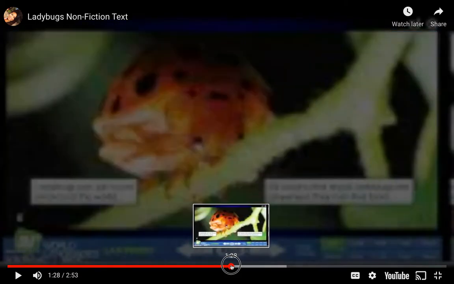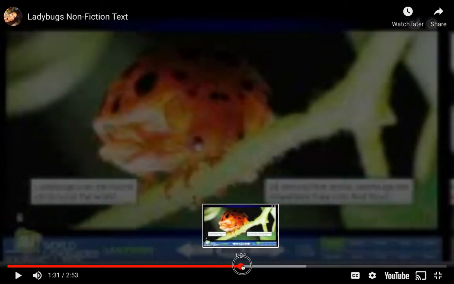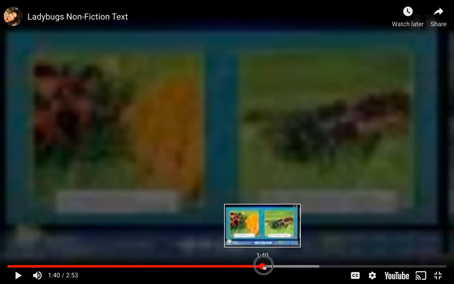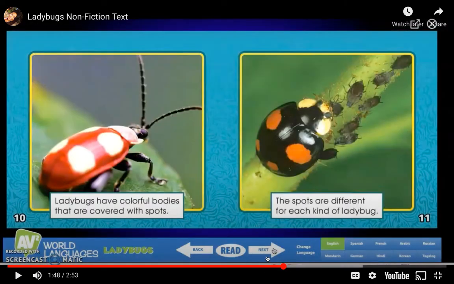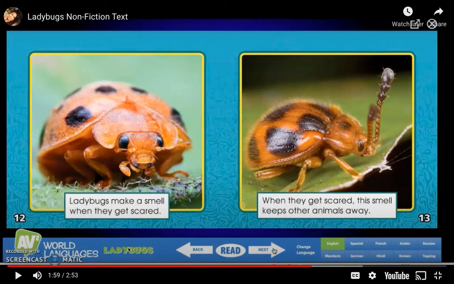If we keep going to the next page, we have ladybugs, ladybugs, and another picture. Each page has the word ladybugs, and it tells you something new that you're learning about ladybugs, and it has a picture of ladybugs. Same thing here, ladybugs and pictures.